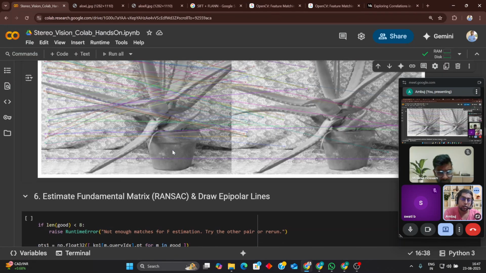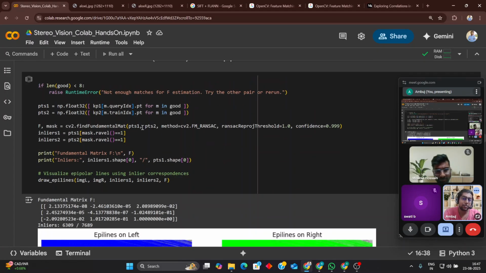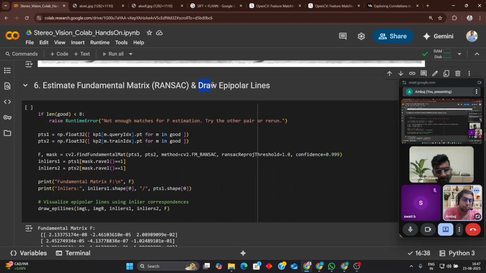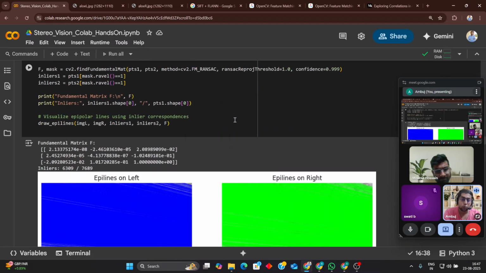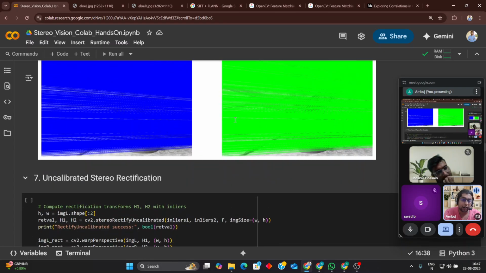Then, after performing this analysis, we draw the epipolar lines. We try to map the epipolar lines on the left and the epipolar lines on the right.